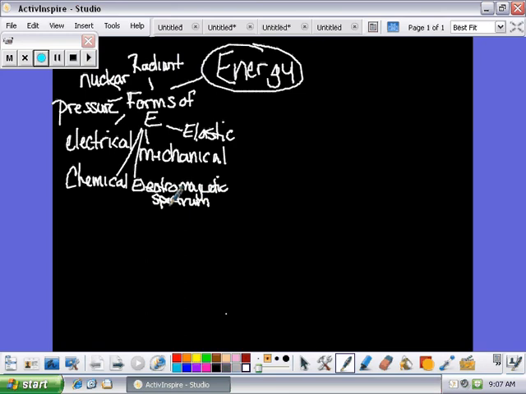So these are forms of energy that they talk about. All these forms of energy can be converted into one form or another, right?